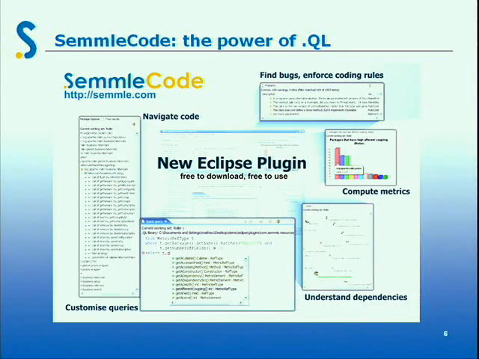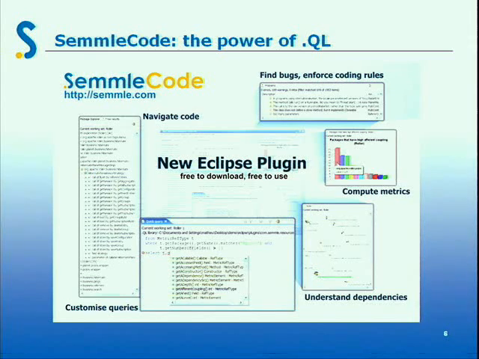You can use the Eclipse plugin directly out of the box to do common tasks like navigating code, providing new kinds of views, finding bugs, enforcing coding conventions, computing metrics, understanding dependencies. And you can do all these things without caring about the fact that you actually are using this special query engine.